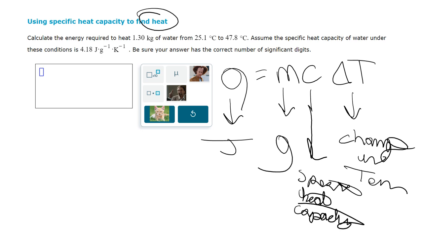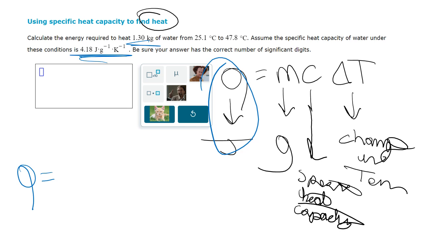Some students say the weird units one goes where C is, and that works. Here we have to find heat, which is joules. Heat and energy are correlated. So we could just plug it in.